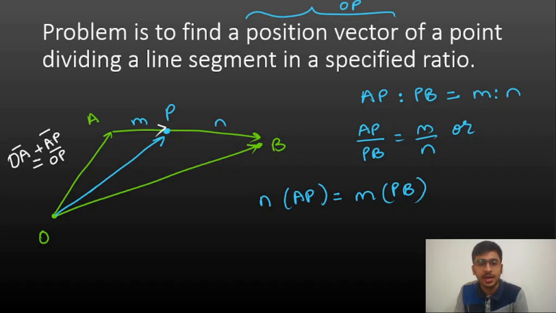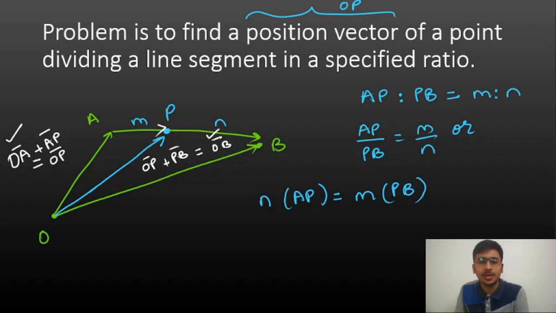And in another triangle, I can write OP vector plus PB vector gives me OB vector. And if we know what OA vector and OB vector are, if we know these two position vectors, we can easily find OP by substituting what AP and PB is.